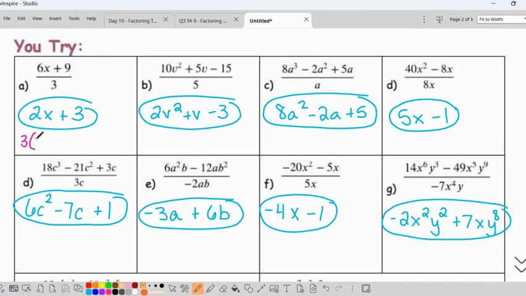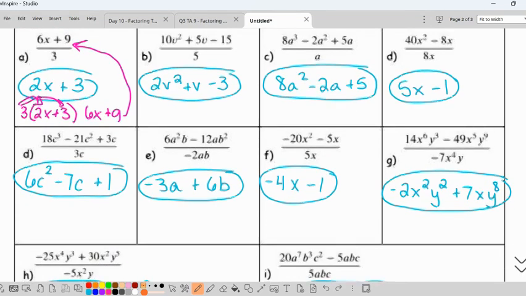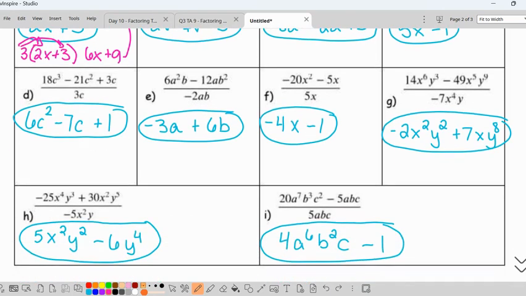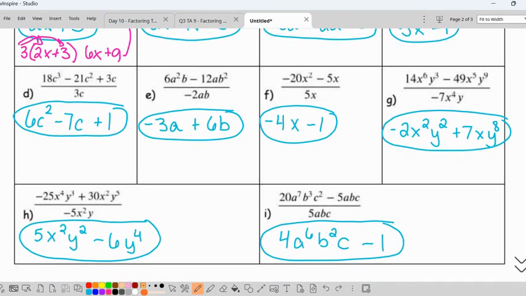So I'll be doing some distribution here. 3 times 2x is 6x. 3 times 3 is 9. I should be getting back the numerator as I multiply my answer times the denominator. So you can self-check that way as well. And take a look at our last two examples as well.